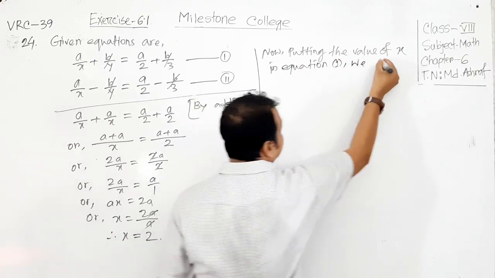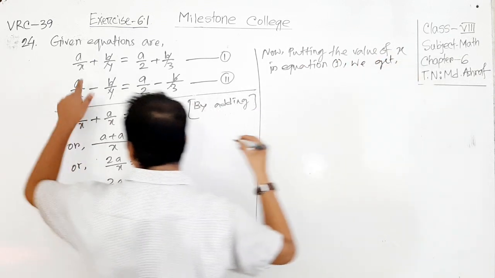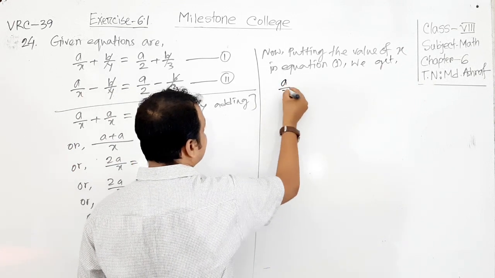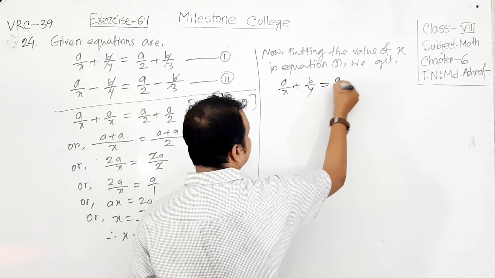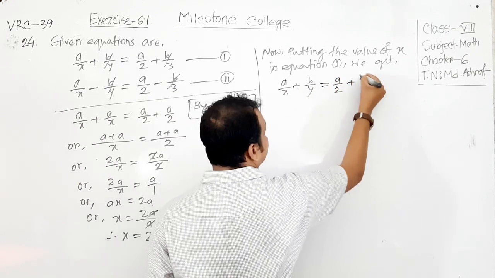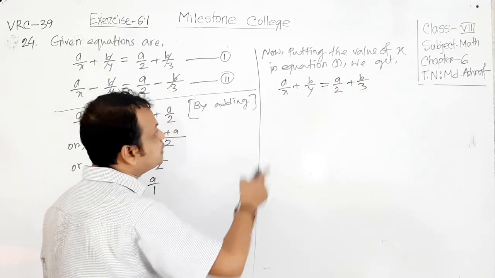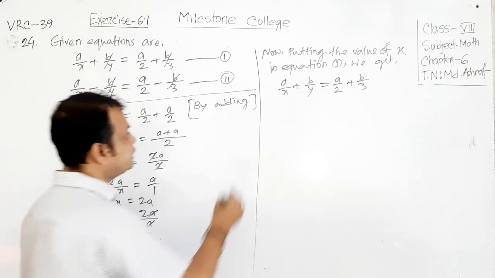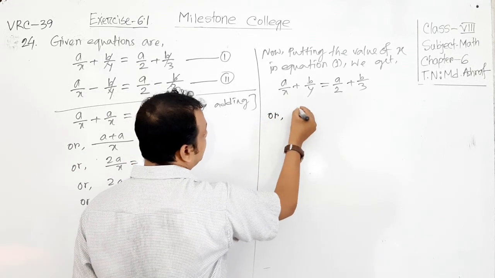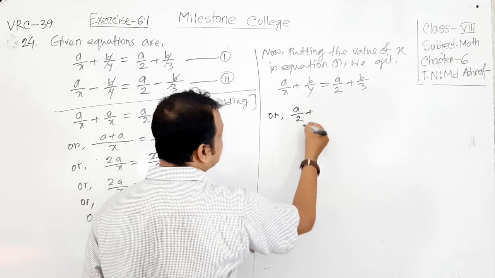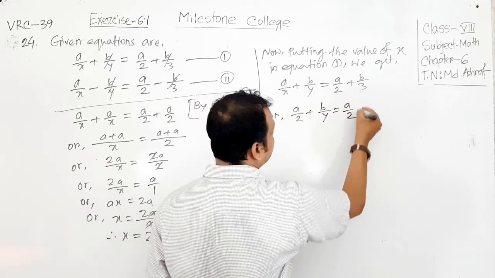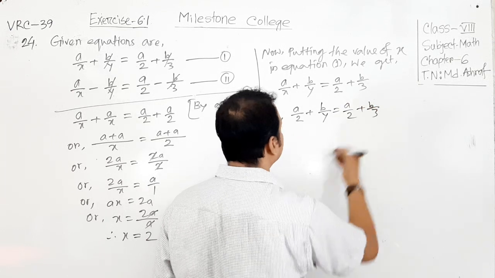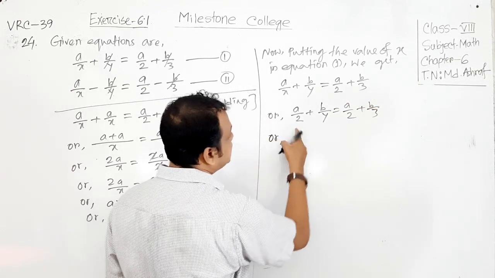We can write the equation first: a divided by x plus b divided by y equals a divided by 2 plus b divided by 3. Instead of x we will put 2, then we get a divided by 2 plus b divided by y equals a divided by 2 plus b divided by 3.